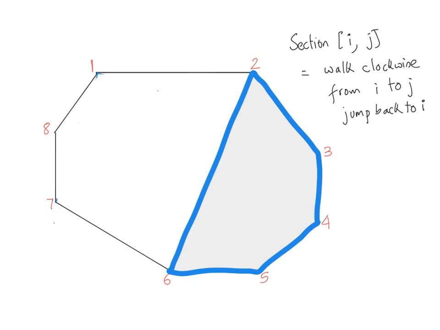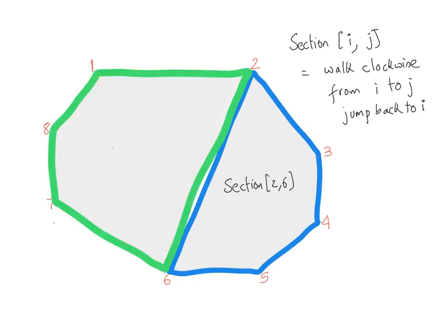So the section here is section 2,6. On the other hand, if you looked at the section 6,2, that would be given by the following: you would have to walk clockwise from 6 to 2 and then return back to 6, and that would be section 6,2.